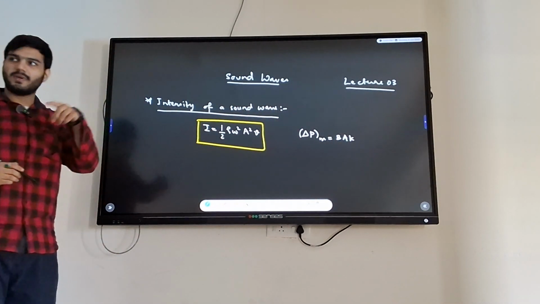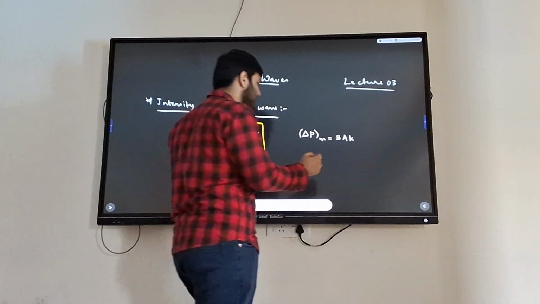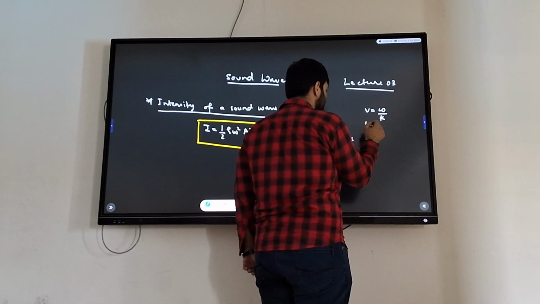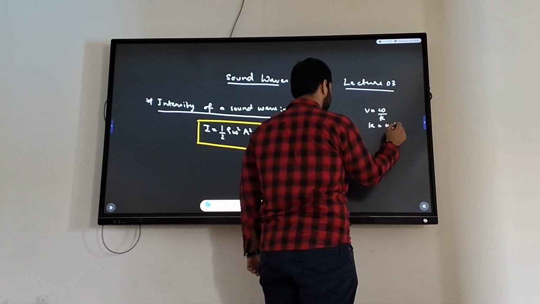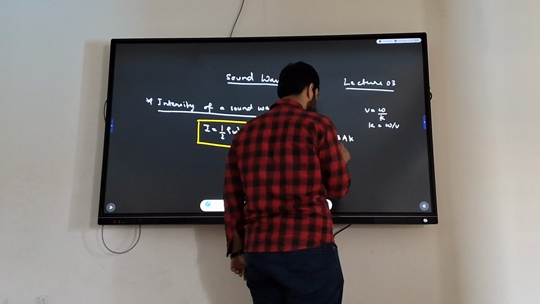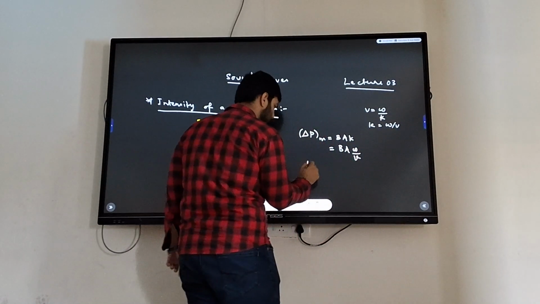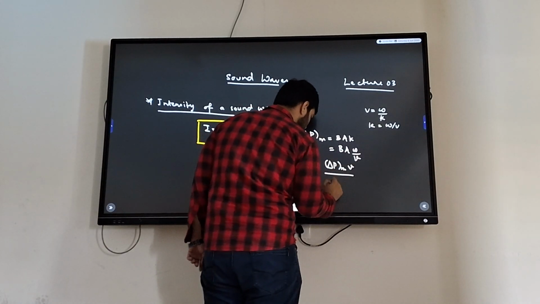Then v equals omega by k, so k is equal to omega by v. So this will be BA omega by v, and then omega will be delta P max v by BA.